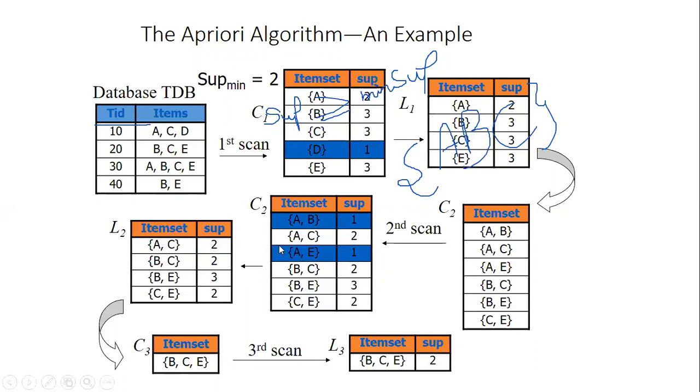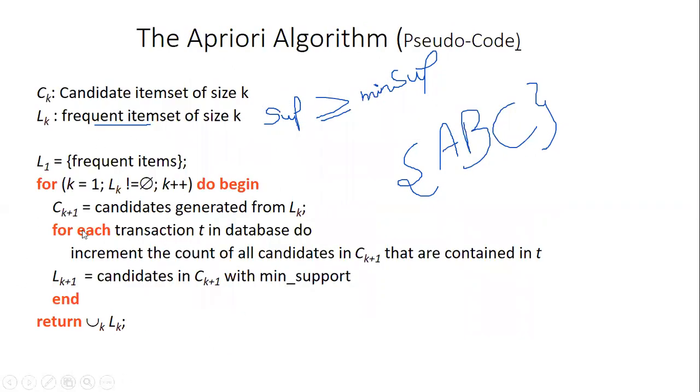Then we check whether there is any infrequent item with less than minimum support. So this is L2. L2 joined with L2 gives C3. We eliminate the infrequent ones and get L3. That is what we are doing in the algorithm. Finally, we return the highest Lk.